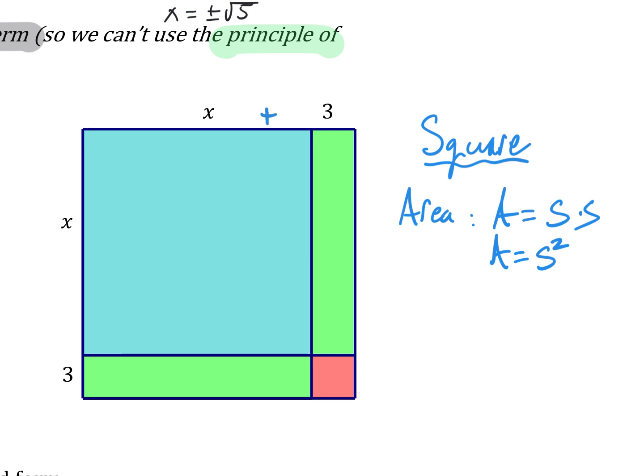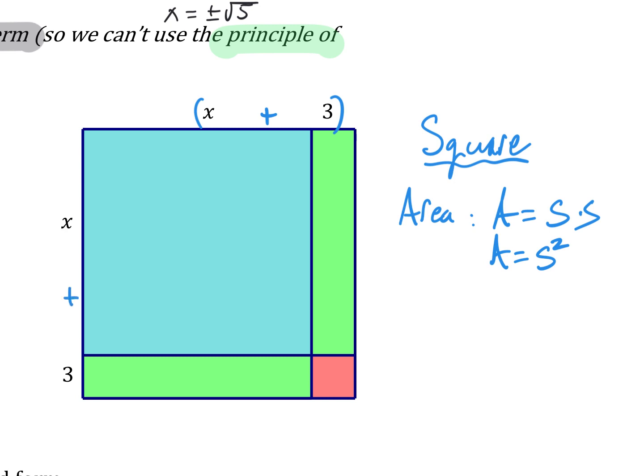This is x. X is the distance from here to here. And so the whole distance here would be x, and then this little distance is 3, so we're going to add on 3. So x plus 3 is the length of this side.